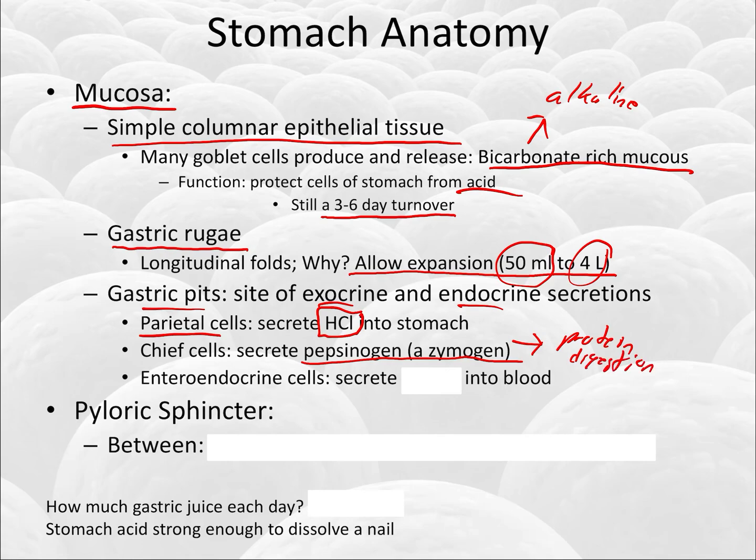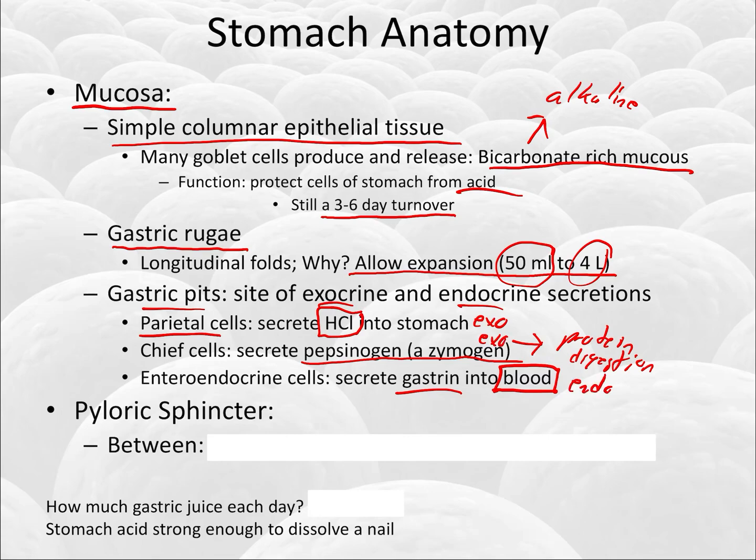So that's some chemical digestion of protein. And then there's enteroendocrine cells, which secrete gastrin into the blood. Those ones secrete into the blood, whereas both of these are exocrine. This one's endocrine because it goes into the blood.